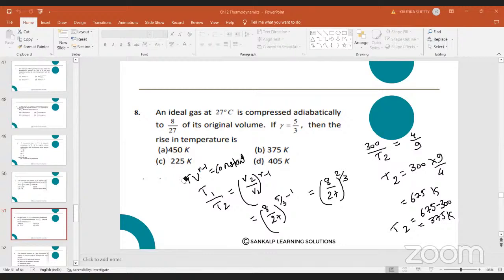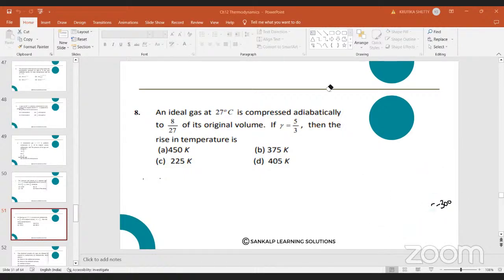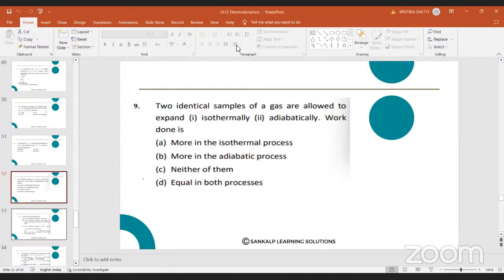So let us go for the next question now. Two identical samples of a gas are allowed to expand isothermally and adiabatically.